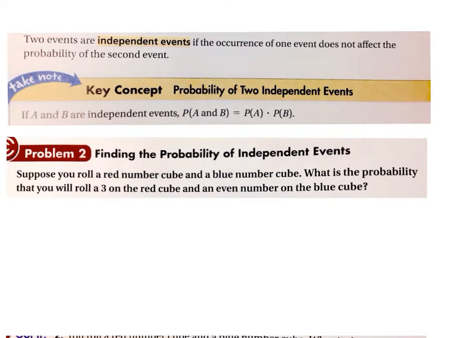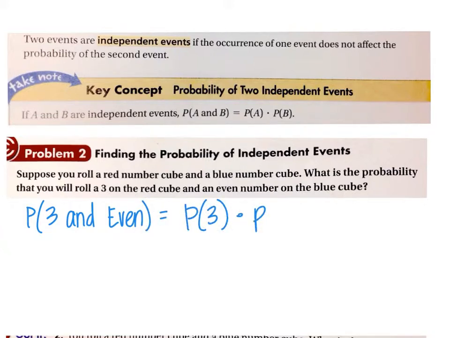All right, moving on to independent events. Independent events are where the outcome of one event does not affect the other. Like if you have 2 dice or 2 different spinners or 2 different hats that you're pulling stuff out of, those are independent events. If you need to find the probability of A and B, you multiply the two probabilities. So I've got a red number cube and a blue number cube. What's the probability that I will roll a 3 on the red and an even number on the blue? That's the probability of a 3 times the probability of an even.